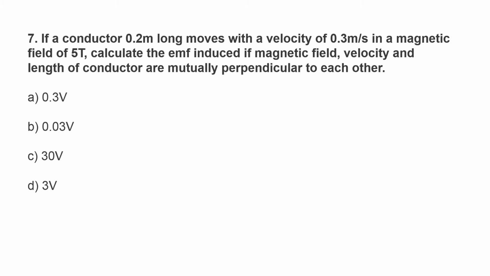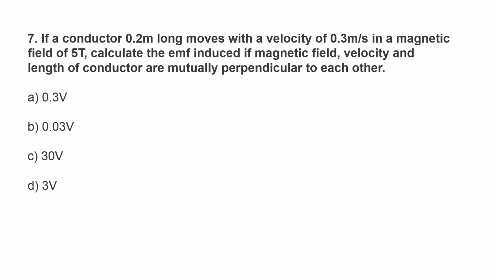Here the length of the conductor is given as 0.2 meter, and that conductor is moving with the velocity of 0.3 meter per second in a magnetic field of 5 Tesla. You have to find the EMF induced.